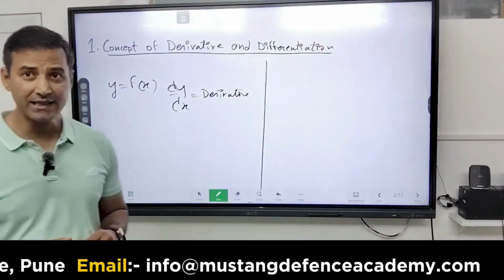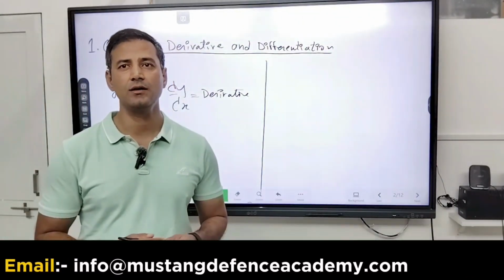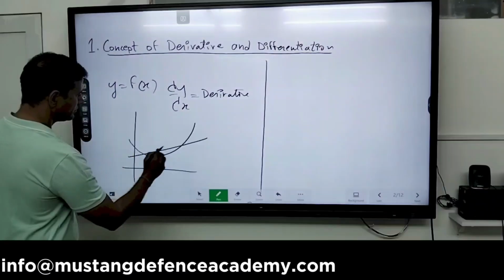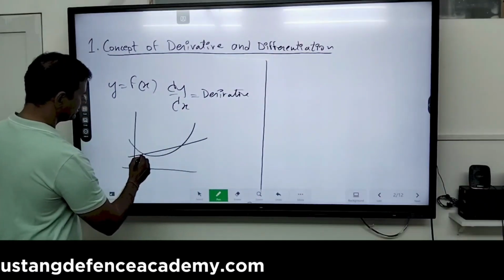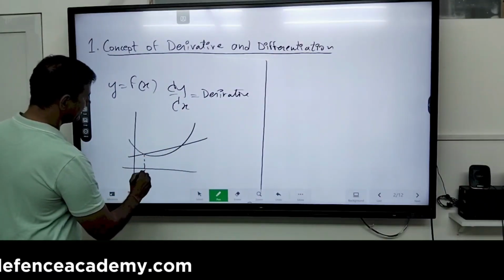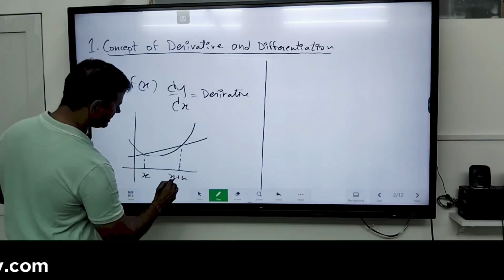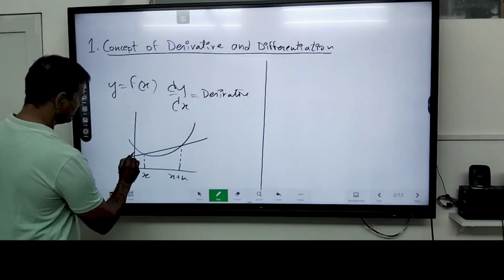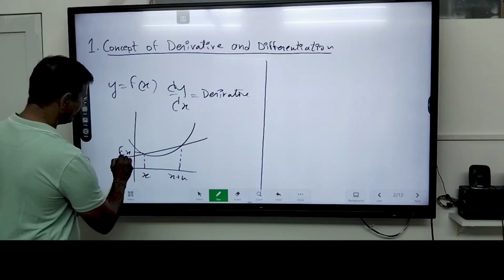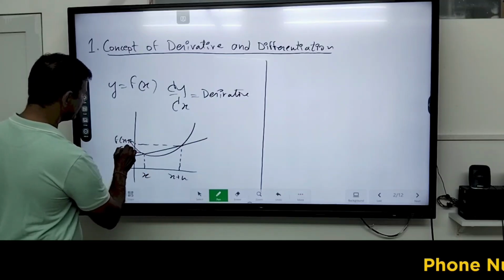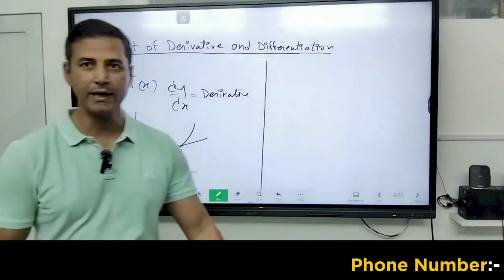Now let us see graphically what differentiation is. This is a function. Let us have this point as x, some distance from x, x plus h, and the dependent variable f of x plus h.